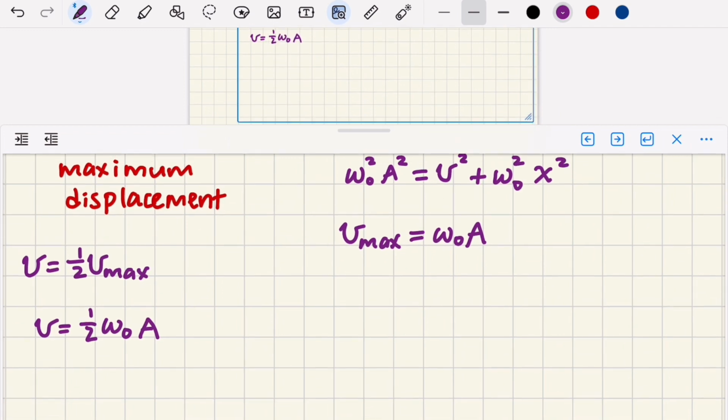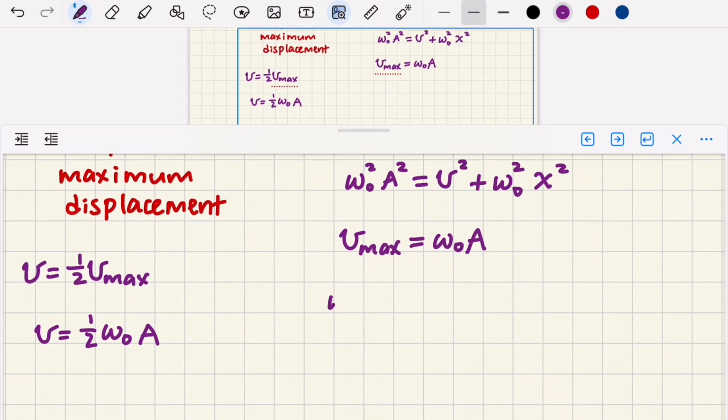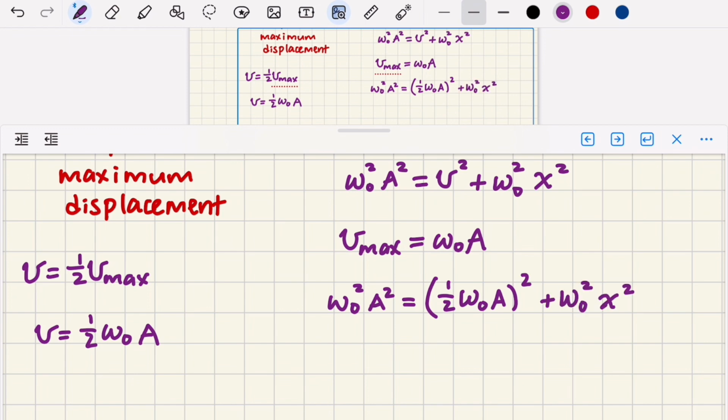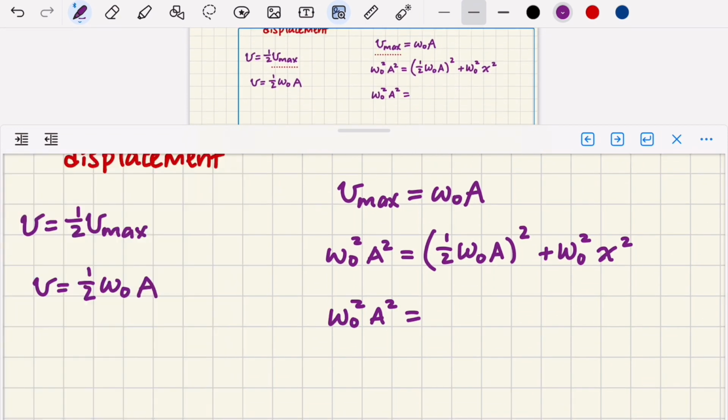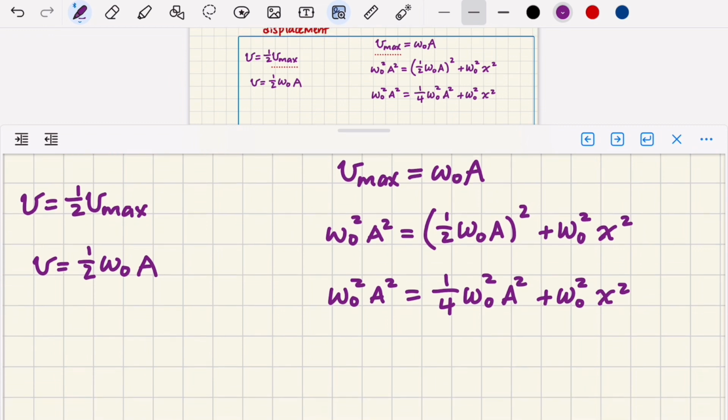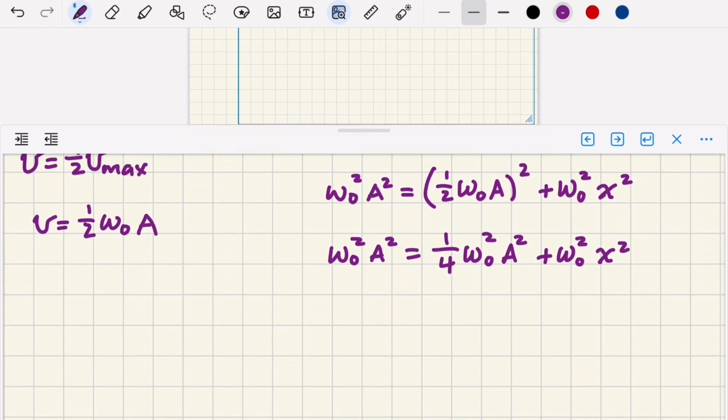Okay, so now let's plug that in. Okay, now let's clean this up. Don't forget that the square will go into everything that's inside the parentheses. And now we can get rid of omega naught squared, of the angular frequency squared.